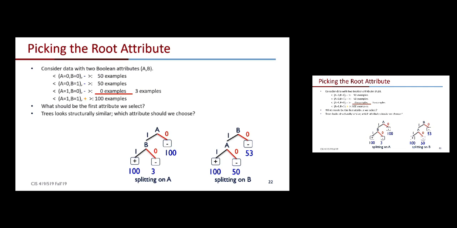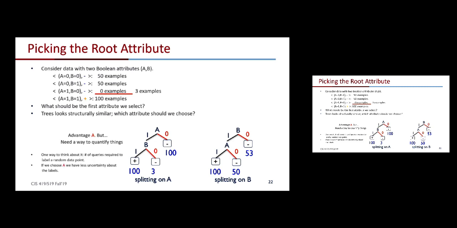So in the case of A, in about half the cases, after one query, you know what happened, right? In the case of B, on a random example, only in a quarter of the cases, you know what's going to happen. And in 3/4, you have to ask another query. So that's something that would give advantage to A. But of course, we need to quantify things in a better way.